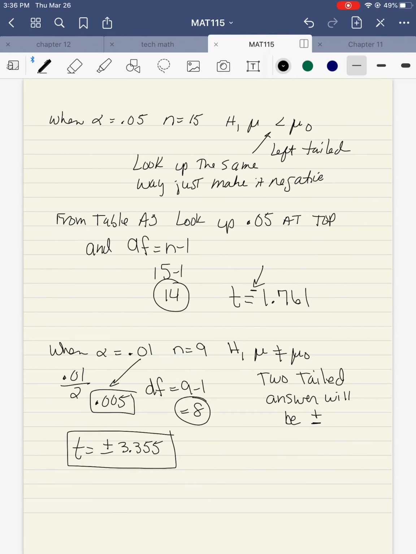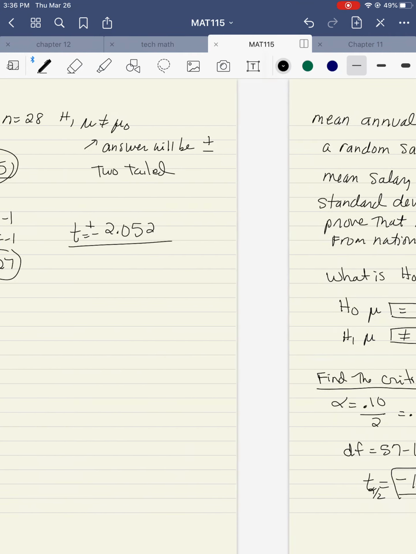When alpha is 0.05, n is 15, and now I'm doing less than, this is a left-tailed test, so I have to look up the same way, except when I look up the number, I just want to make it negative. So from table A3, I look up 0.05 at the top. I first have to get my degrees of freedom, so it's n minus 1. 15 minus 1 is 14, so I'm looking up 0.05 and 14.